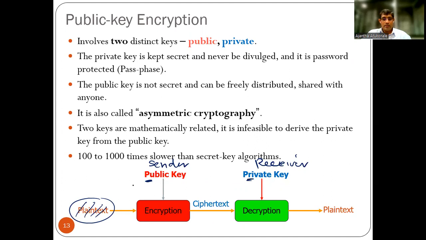Or you can use a private key here to encrypt, and then use a public key to decrypt. So both are possible, but remember it has to be the pair, and you have to use both ends.